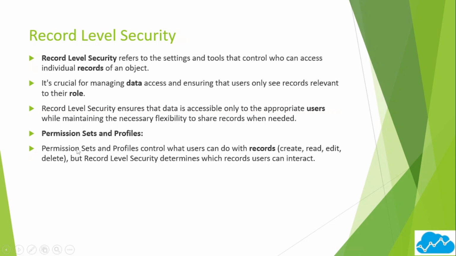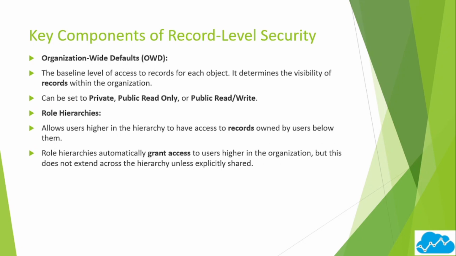Permission sets and profiles control what a user can do with a record: either they can create, read, edit or delete it. But record level security determines which records the user can interact with, that is, for which records the user can get access.